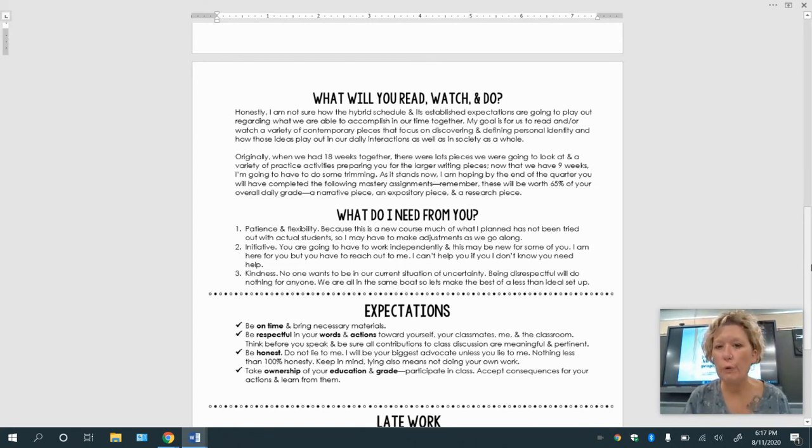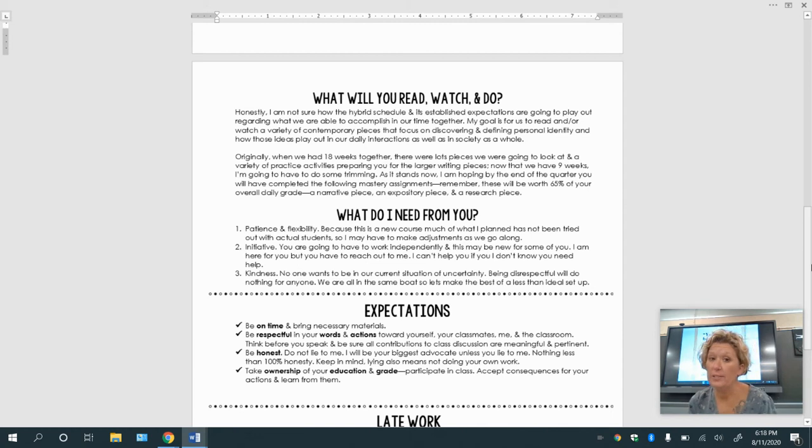So I'm going to focus on finding a variety of contemporary pieces that will help you to discover and define personal identity, and how that idea of your identity plays out in our daily interactions, like you and I, you and your peers, you and the people that you run into every day, and all of those groups that you interact with and how you interact with them.